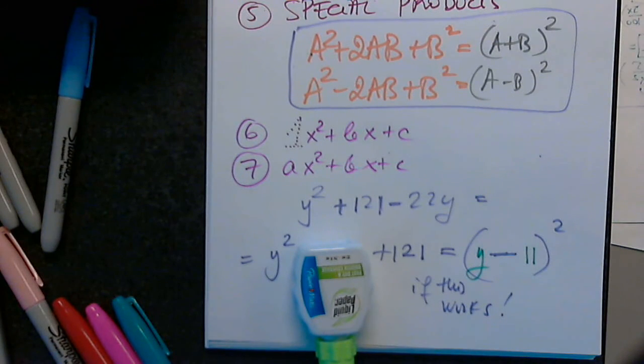One more time. The formula was learned in chapter 5. So if I see this, in my head I have the first term squared, y squared, minus 2 times the first times the second, which is minus 22y, plus 121, 11 squared. Is that clear? So these two would be identical only if this term is exactly what?